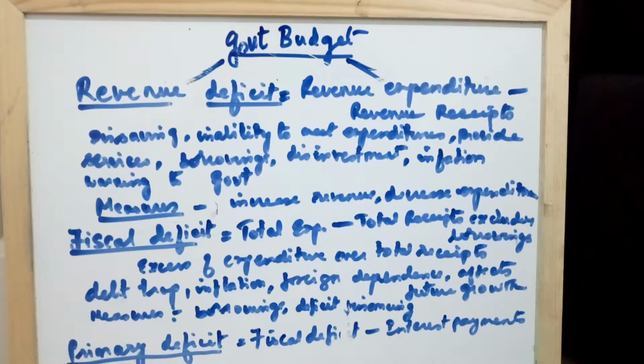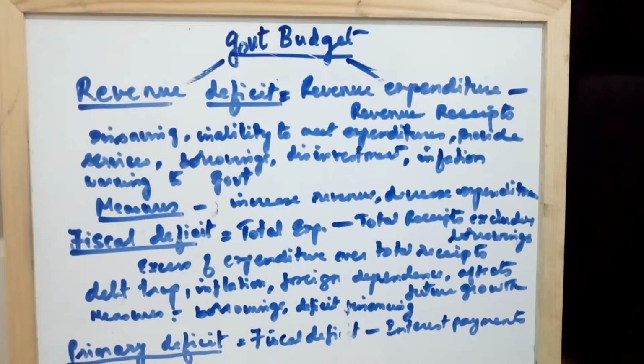So there will be increase in the liability in the form of borrowing and reduces the assets through disinvestment. And there will be inflationary situation. Higher borrowings increase the burden in terms of loan amount and interest payments.